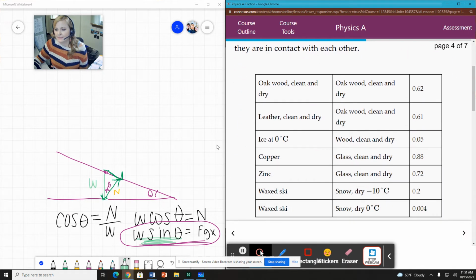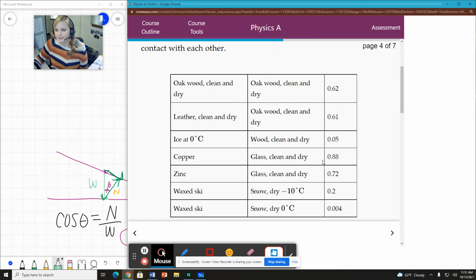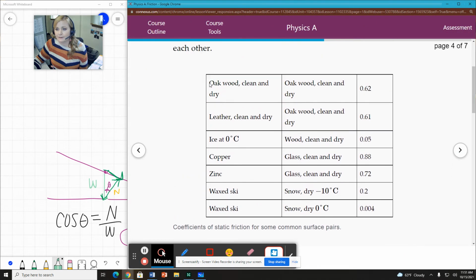So when we go to our next slide here, it gives you some examples of this situation. If I have a bunch of different coefficient of frictions up here, static friction, non-moving friction. If I have a wooden object sitting on another wooden object, the coefficient of friction between the two of them is 0.62. But it also depends upon the angle, right? So if it's sitting on a horizontal surface, it's different.